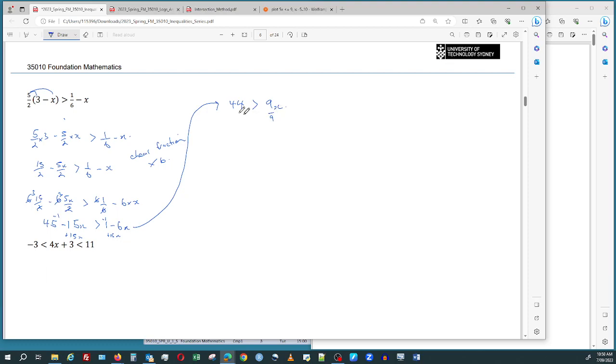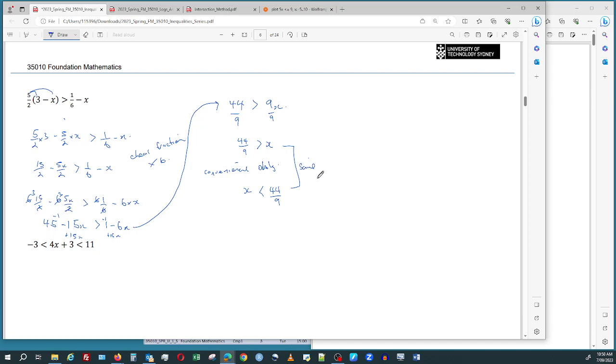So dividing by 9, so we get 44 on 9 is greater than x. Now, for convenience only, okay, convenience only, we will write this as x is less than 44 on 9. They mean the same.